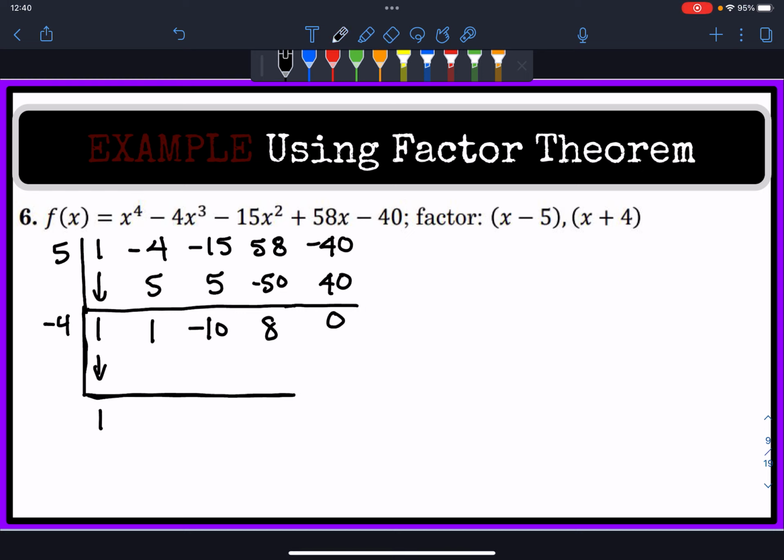So bring down the 1, multiply, add, multiply, add, multiply, and add, and then again we get 0. And now this quotient is a degree 2. So this is 1x to the 2nd minus 3x plus 2.